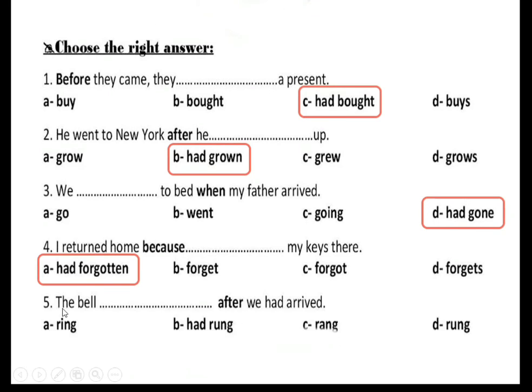The bell after we had arrived. So this is the first action. We need the second action. The second action is in past simple tense. Ring, had rung, rang, rung. Yes, what is it? Past simple of ring is what? Yes, rang.